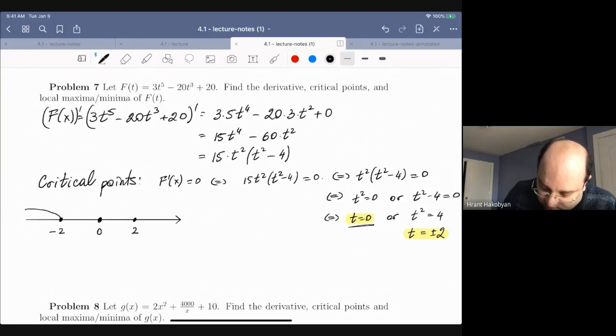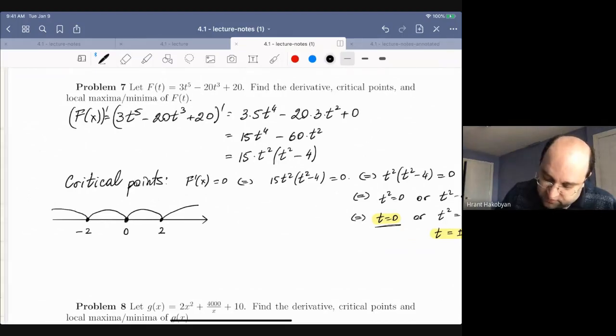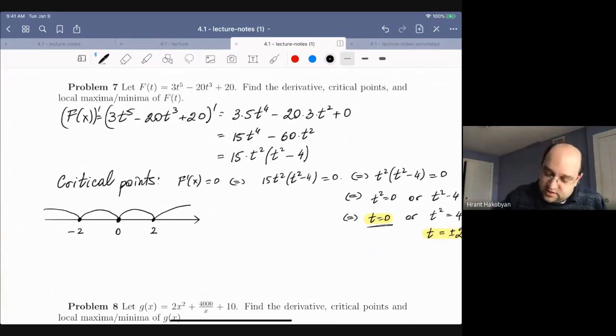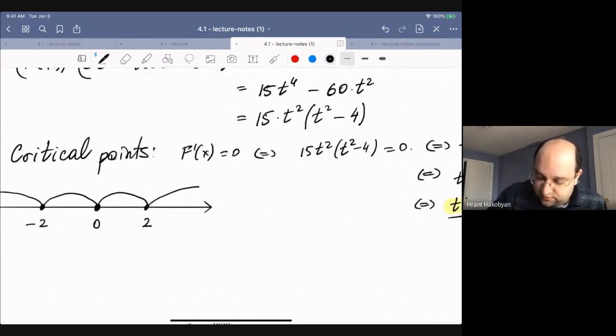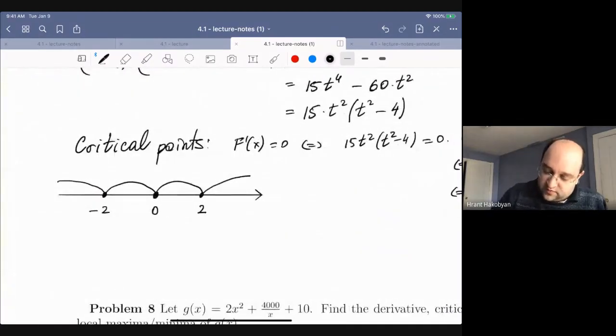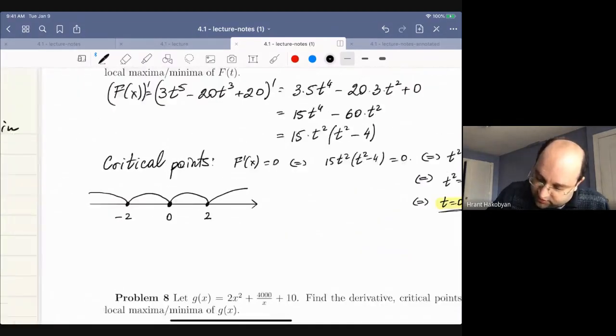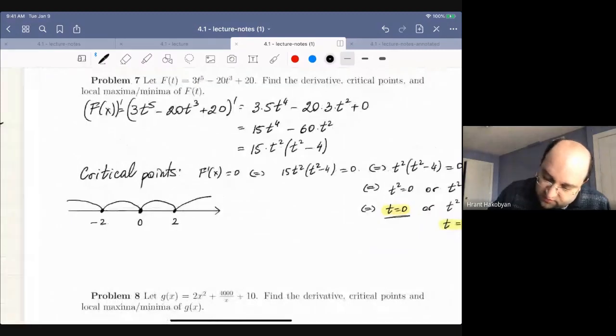I have this interval, this interval, this interval, and that interval. So I have these 4 intervals, and in each of those intervals I have to figure out whether the derivative is positive or negative. So let's look at the derivative.